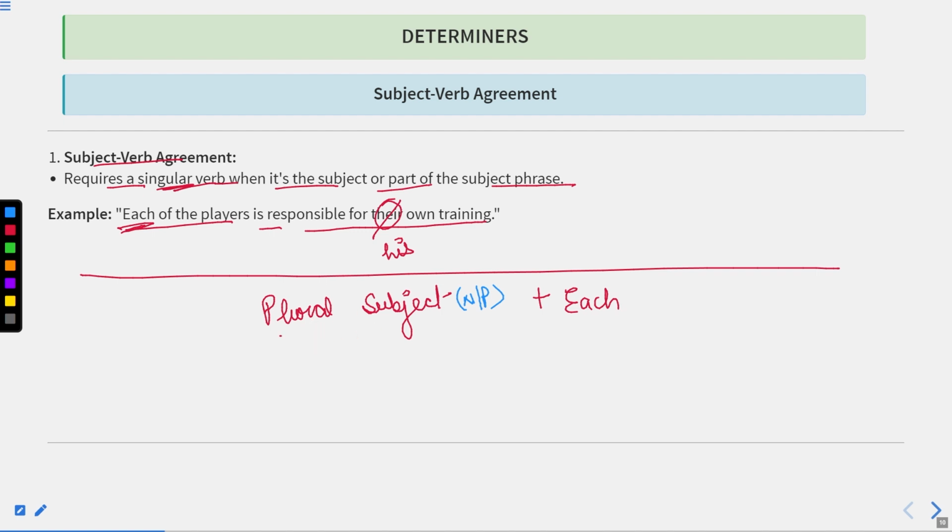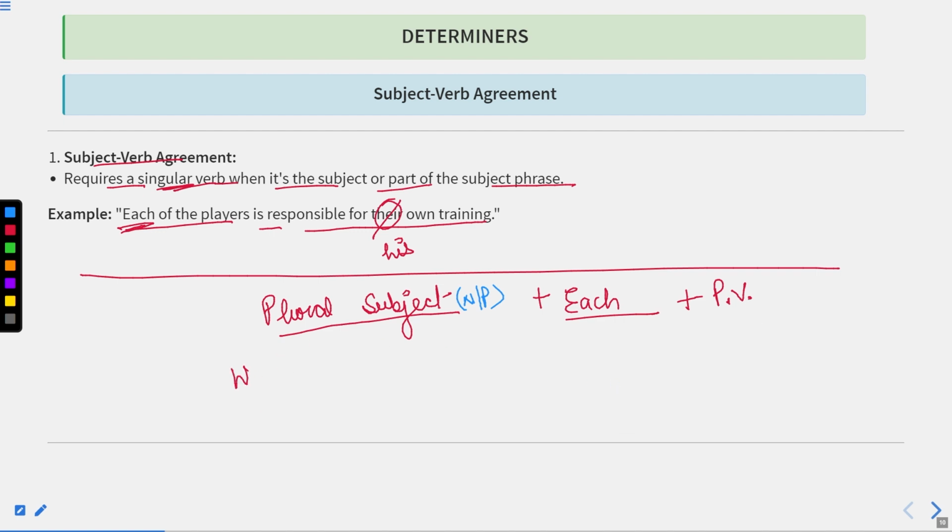Now here, if I say we each, suppose we are 3, it means one by one, individually, what we have. So after a plural subject, if we have the word each, if we find this structure in any sentence, we will use the plural form of the verb.